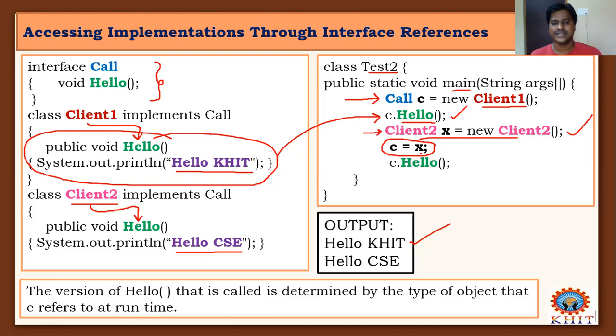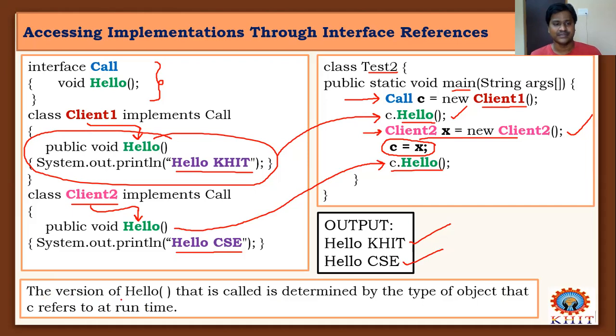So now we are assigning the client2 object to a reference variable of the interface. Then c dot hello. Here the client2 hello method will be invoked at this step and it executes the statement hello CSC. So this is also one type of variation using this interface reference to access the implementations of the classes or the methods defined in the interface.